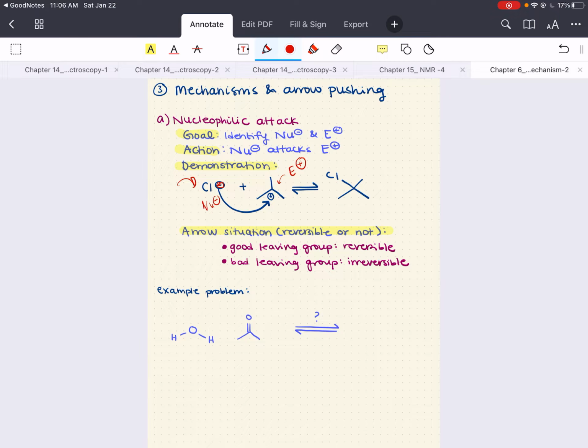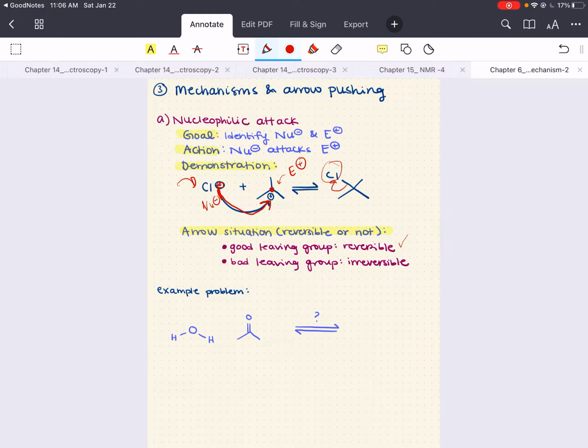Now our arrow starts at the nucleophile and attacks our electrophilic center right here, and it's going to attach itself there. Now, with good leaving groups like chlorine, this reaction can be reversible, because your chlorine can simply leave. With bad leaving groups, like alcohols, for example, it's kind of irreversible.